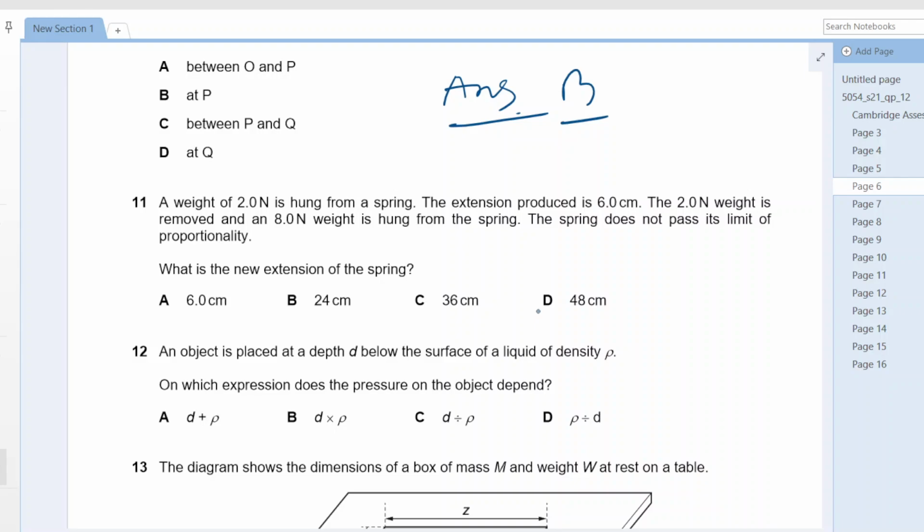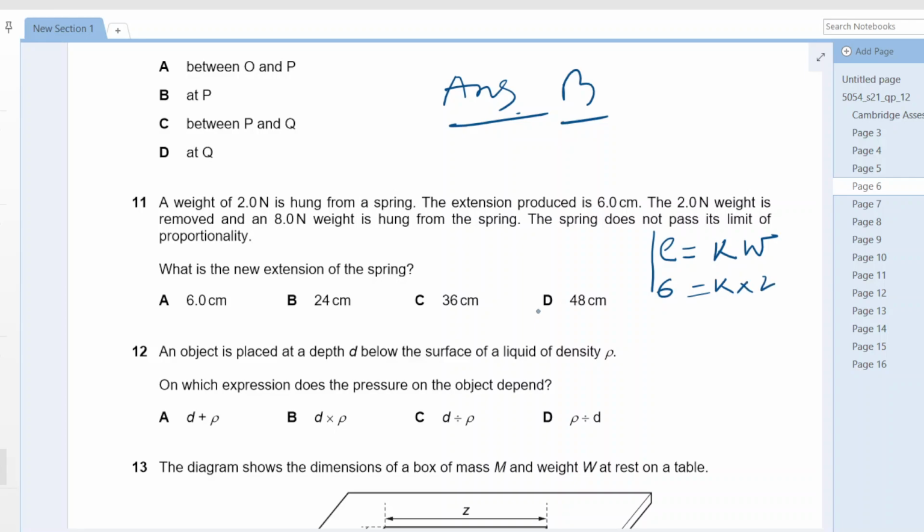Extension is proportional to load, and load is weight. Weight is a particular type of force, it is gravitational force. Therefore, extension E equals to K W. Extension initially is 6 centimeter, W is 2.